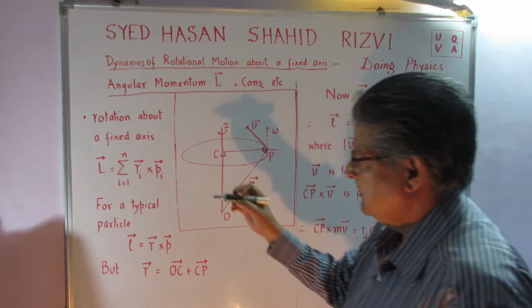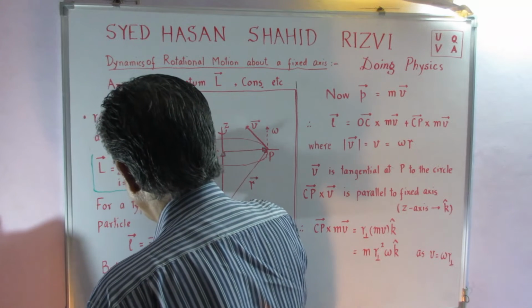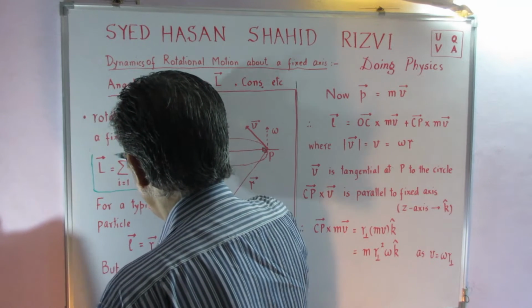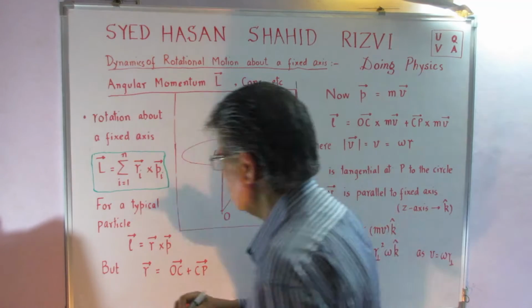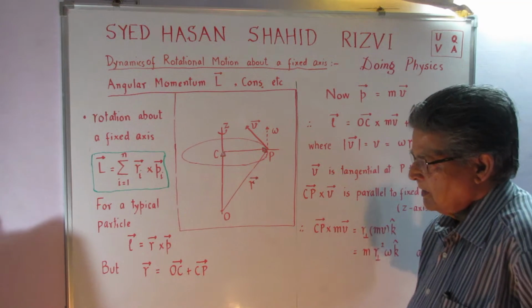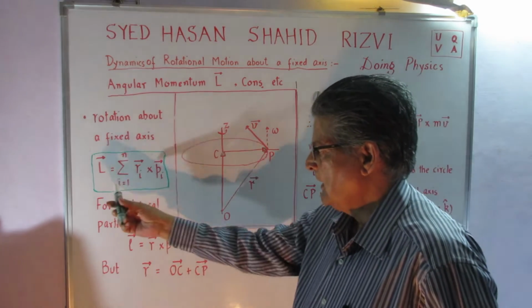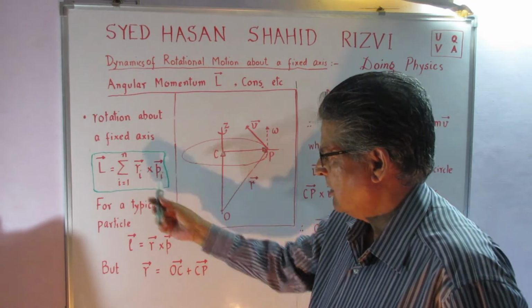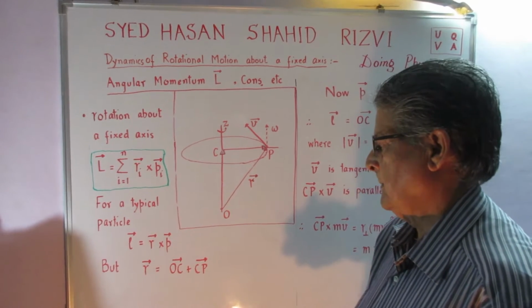In which case we define L for a given particle, as a system of particles, the body rotating about a fixed axis. The angular momentum L is equal to the summation of Ri cross Pi.